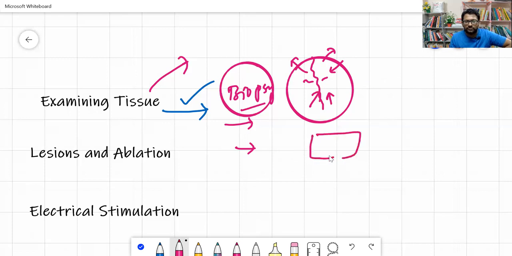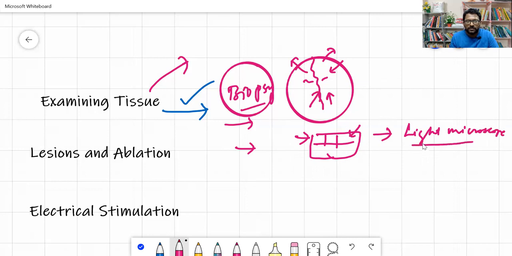If you take a tissue, we can use certain staining procedures so that we can visualize it with the use of a light microscope. Right now, the light microscope can reliably magnify by several hundred times, but the electron microscope can magnify by a factor of several thousands.